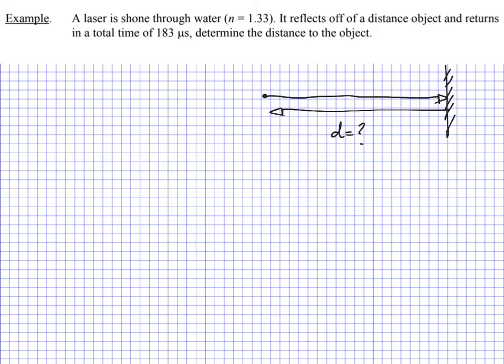Now, all we have is the refractive index of water. So we need to use our Snell's law a little bit here. Let's go ahead and put in N1 over N2.